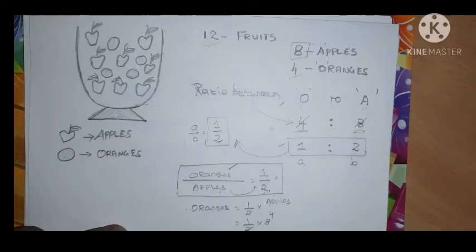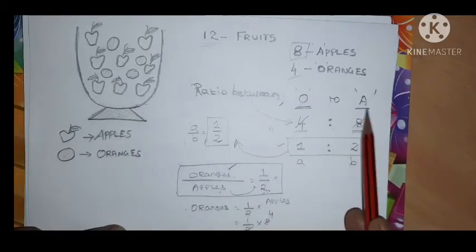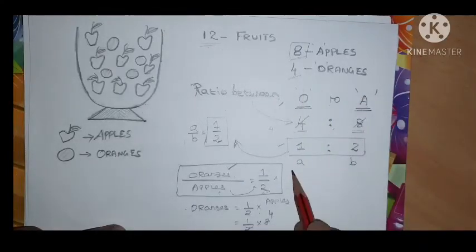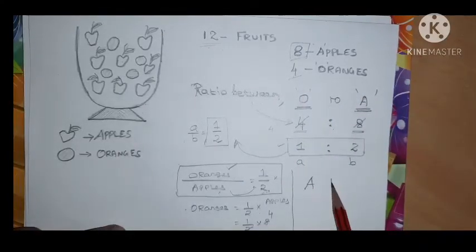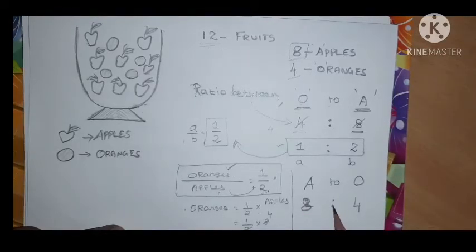As I said, the order should not be reversed. That's one of the properties we have seen. Now, we found the ratio between oranges to apples. By the way, if I change the order, the ratio between apples to oranges: how many apples are there? 8 apples. How many oranges? 4 oranges. Both are even numbers again, so they cancel by the common number 4.